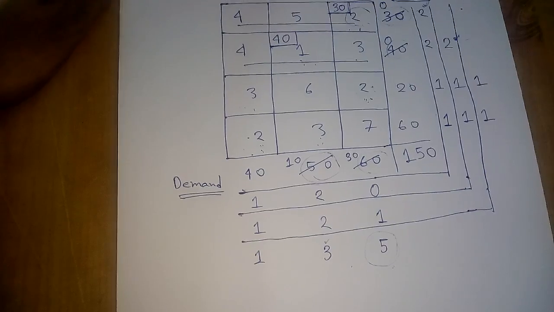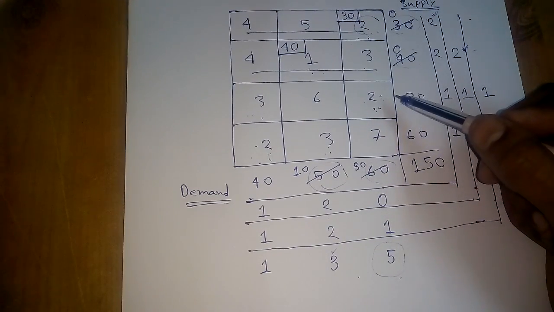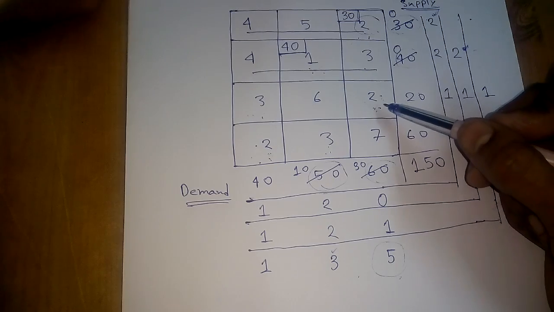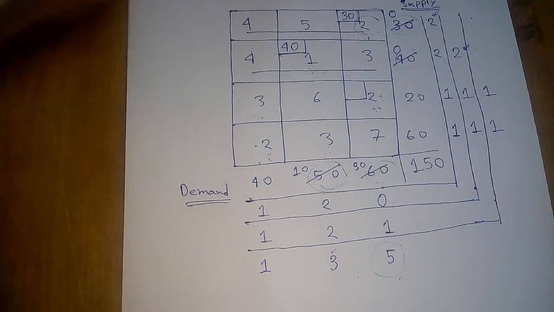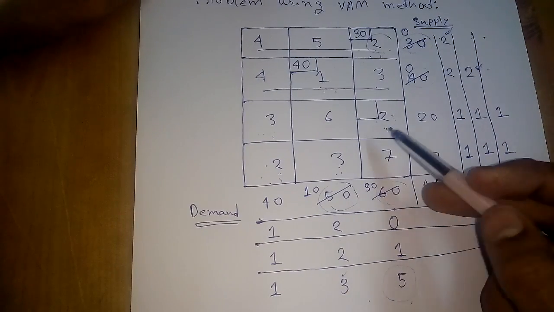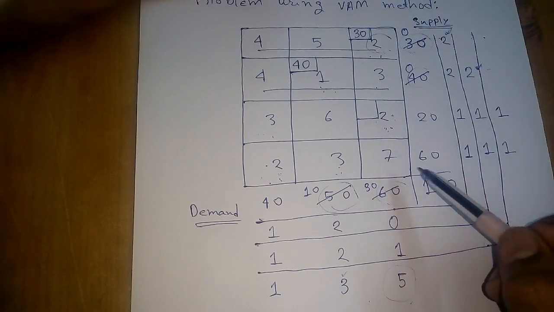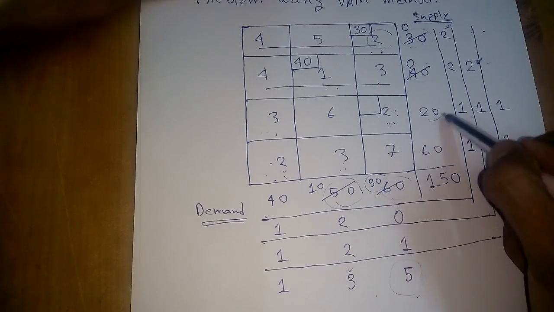So we will check this column first, and in this column the minimum value is 2, so we will choose this box, and here we have to write the values. So 30 here we can see, and here the 20.